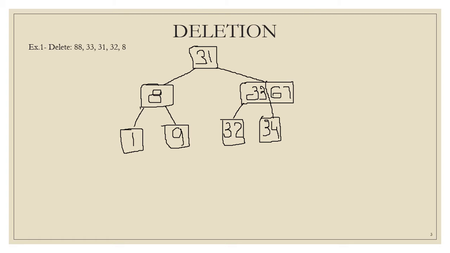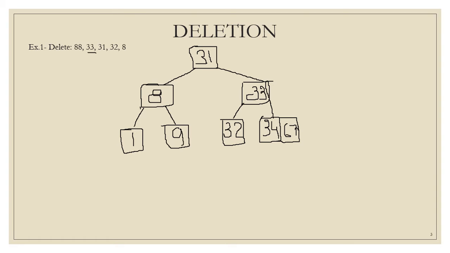As we can see, we can adjust these four nodes in a way that the violation is removed. 67 is greater than 33, so we can place 67 at the right of 34 over here, and as you can see now the violation is removed, and the tree is completely fine now.